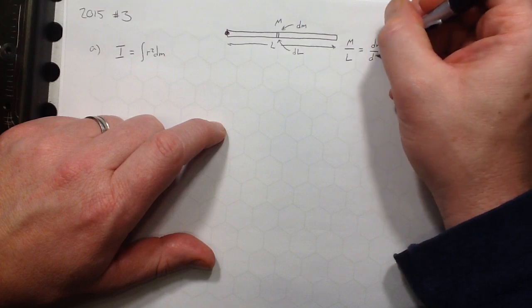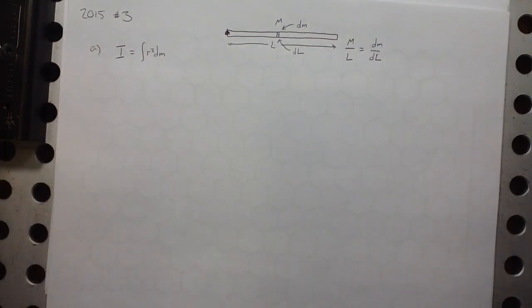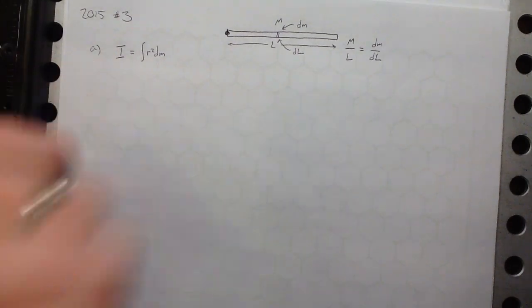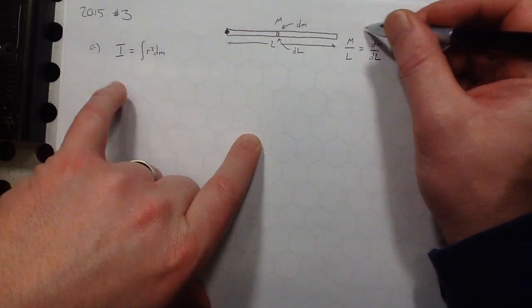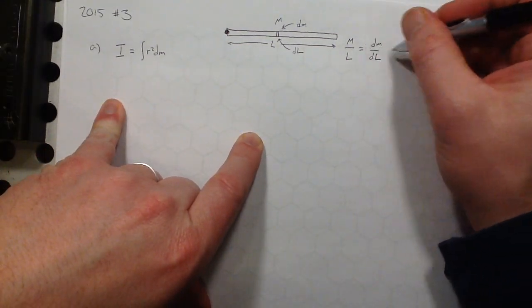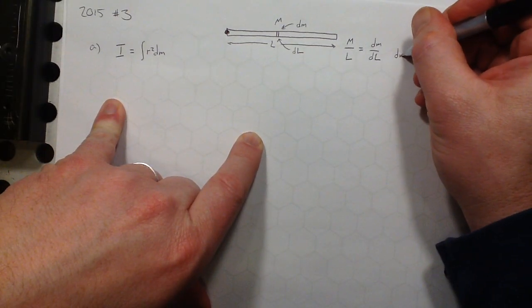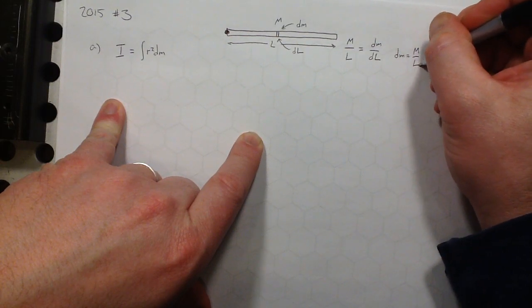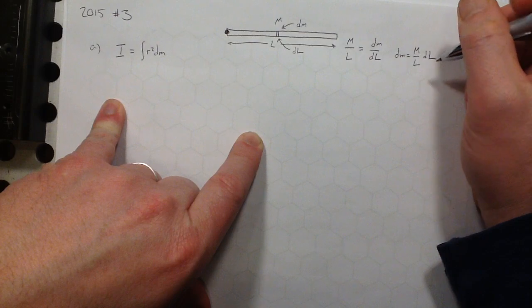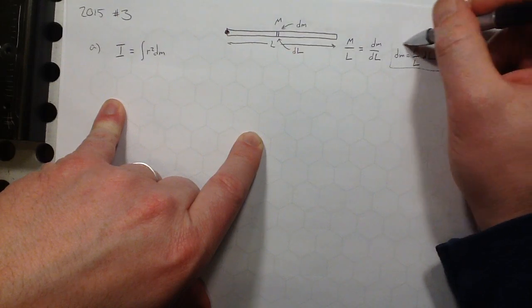dm over dl. As soon as you get into things like cylinders and spheres, this relationship is much more complicated, and you have to get into the density of it, and the cross sections are different sizes, and it's just a complete mess. But here, solving this for dm, the key to being able to do this integral is understanding that you can make this substitution here.